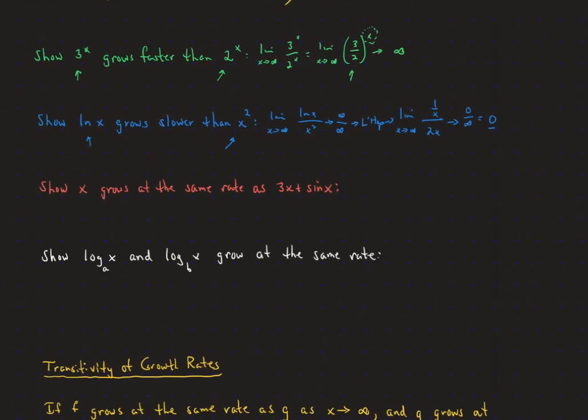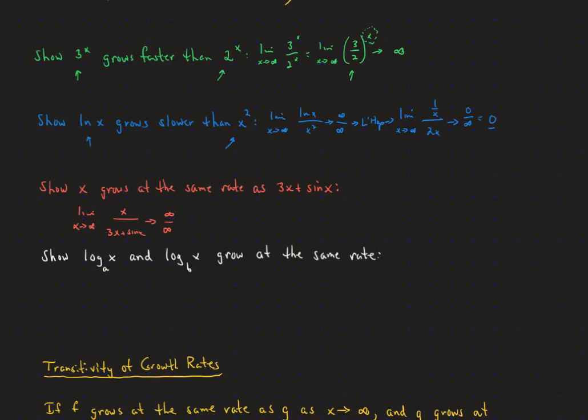To show that x grows at the same rate as 3x plus sine x, we can take the limit as x goes to infinity of x over 3x plus sine x. We can see that as x goes to infinity, that's going to be infinity over infinity.